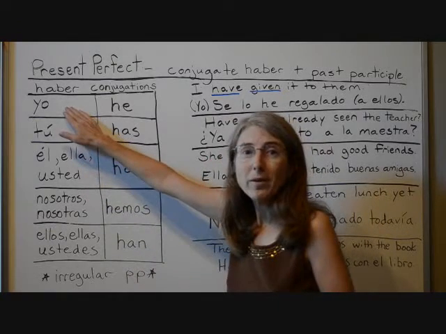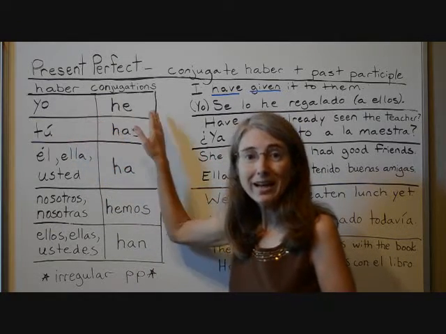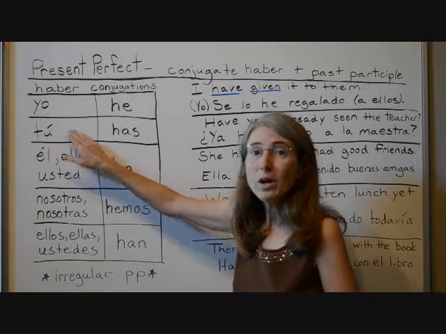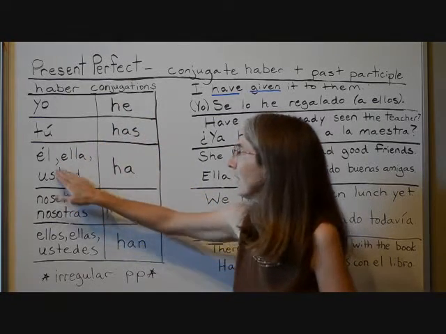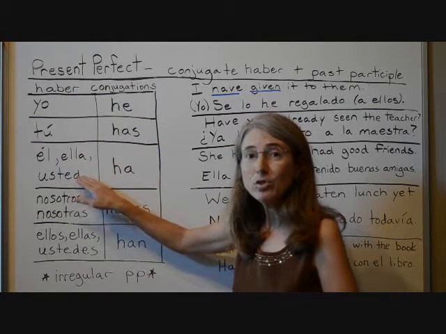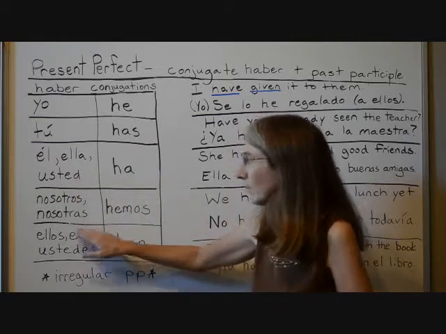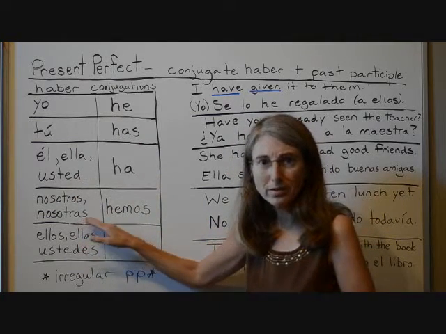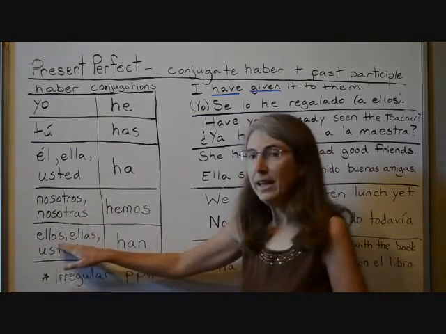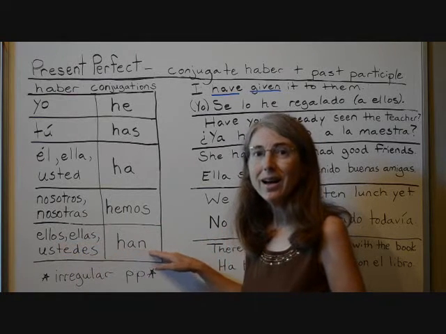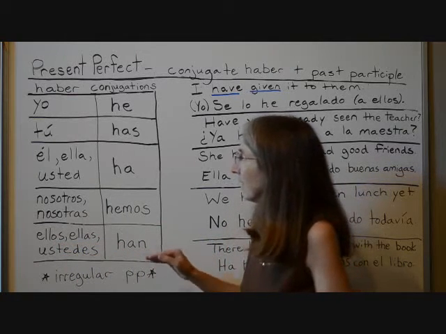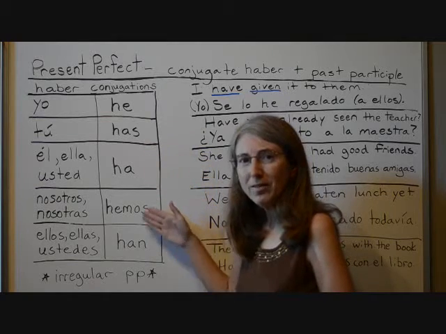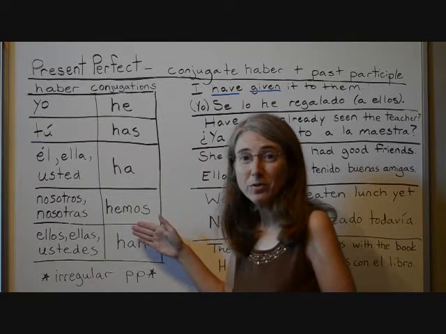So the yo form of haber in the present perfect is he, tú, has, él, ella, usted, ha, nosotros or nosotras, hemos, ellos, ellas, ustedes, han. So these are the forms of haber that are used to form the present perfect.